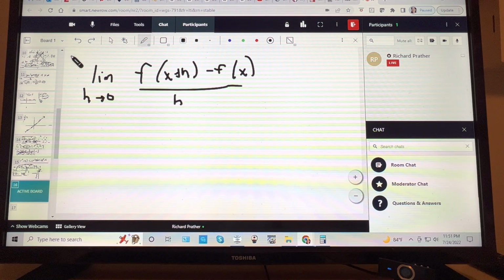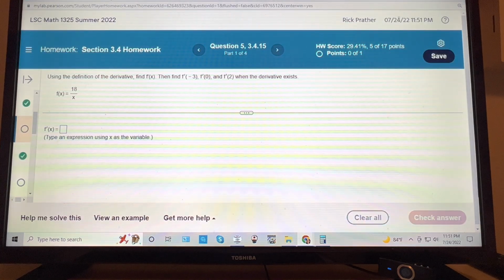In the last section, they called this instantaneous rate of change. This is the derivative, in essence, the formula. Derivative is the same thing as instantaneous rate of change. So I'm going to do this in general first. F of x is 18 over x.